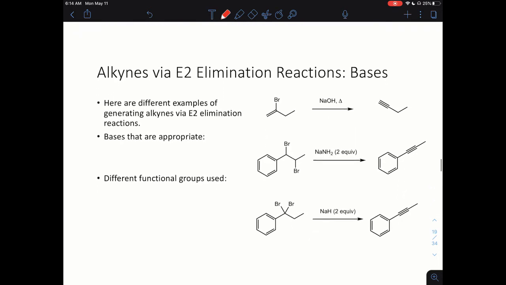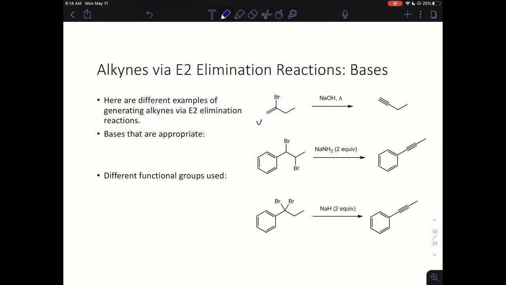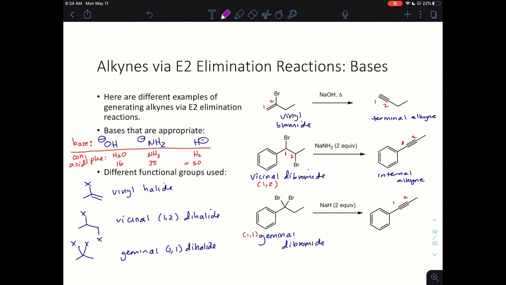Here are some different examples of generating alkynes via E2 elimination reactions. You can see the first one is what we just examined, the vinyl halide. I would like for you to go ahead and think about what types of functional groups I have here and what different bases we're using. Alkynes can be generated via E2 elimination reactions of a few different functional groups.